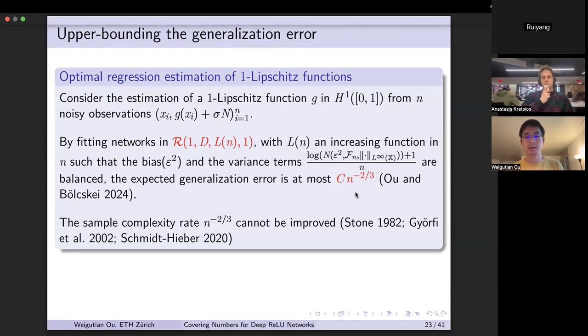But by at most, you mean there could be some other growth rates, like n to the minus 2/3 multiplied or divided by, say, log n or something like that? It couldn't be divided by log n because it has been shown in the literature that it should be exactly n to the power of minus 2/3 times some constant not depending on n.